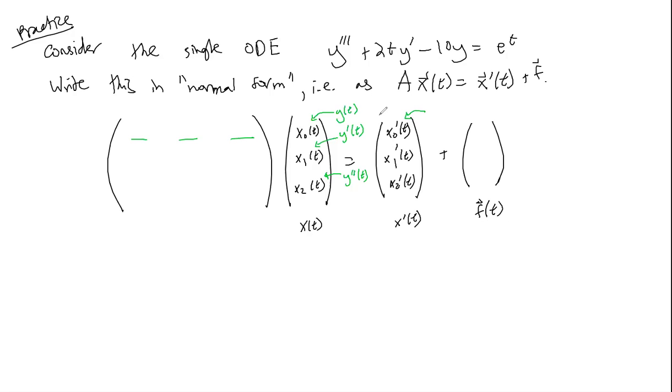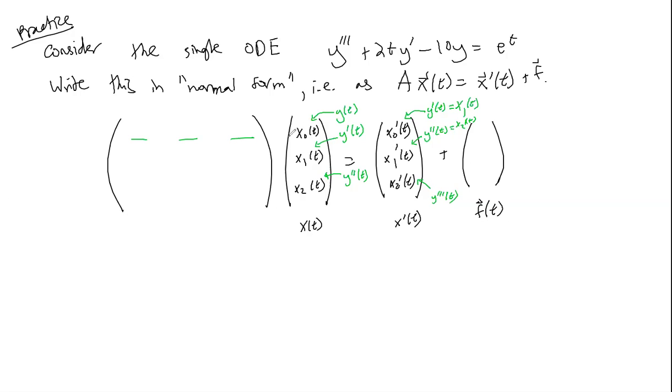So x0 prime, what is this? If x0 is y of t, then x0 prime is equal to y prime of t, which we said is equal to x1, right? And if x1 is y prime, then x1 prime is y double prime, which we said is equal to x2. And then this is y triple prime of t, which we haven't set to anything yet.